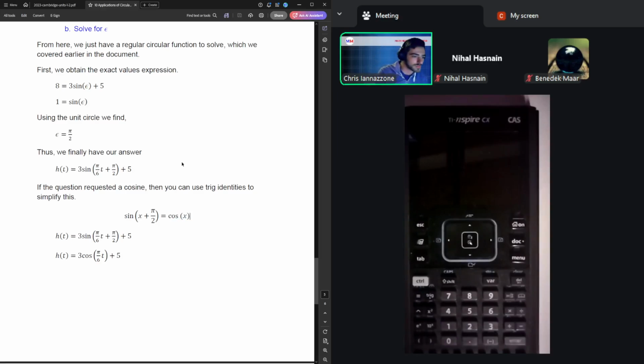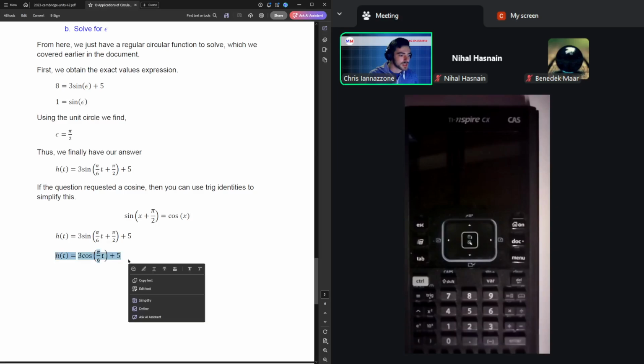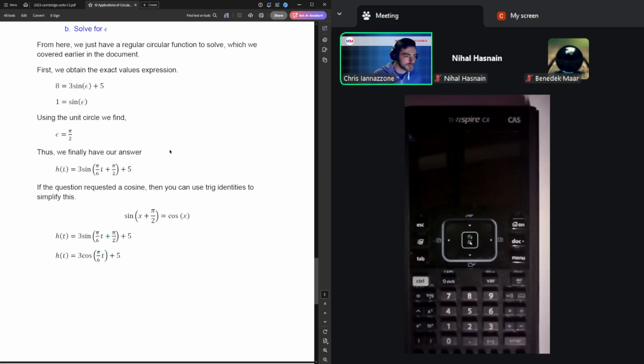They'll have different versions of it depending on if you start with sine or cos. In this case, this one's the one that we're going to be using, and that's effectively what we have here, right? It's sine of something plus pi on 2. We can therefore convert that to just cos, knocking off the pi on 2. This is only if you have to do it as a follow-up question. Both of these are perfectly valid final answers.